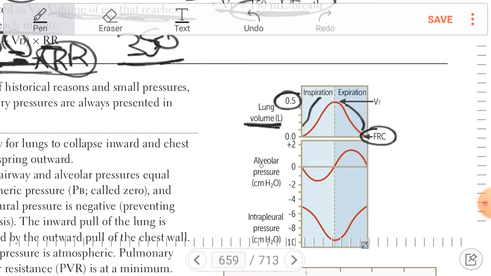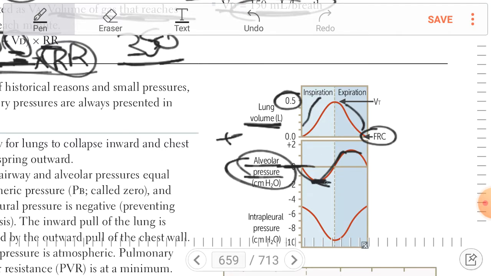Then alveolar pressure: it will be negative during inspiration, then positive during expiration. Why negative during inspiration? To make the air outside the lung more positive than the alveolar pressure.